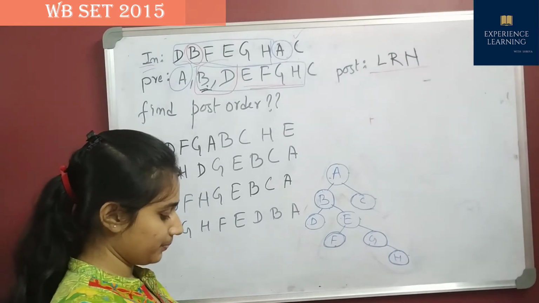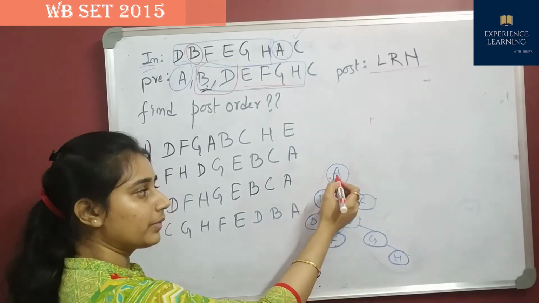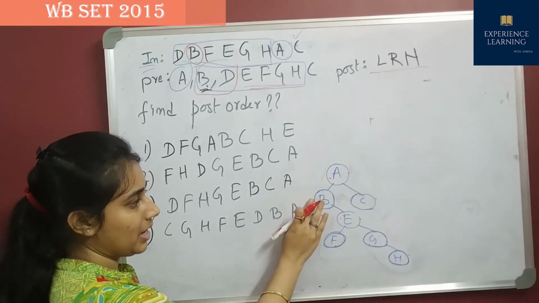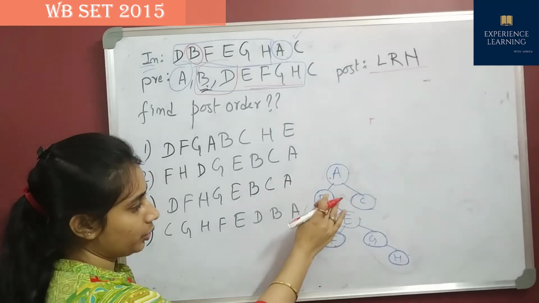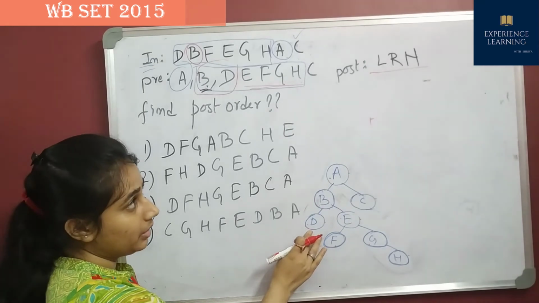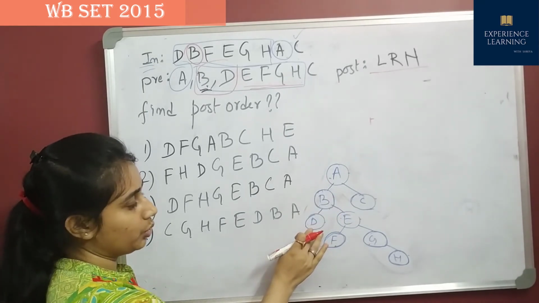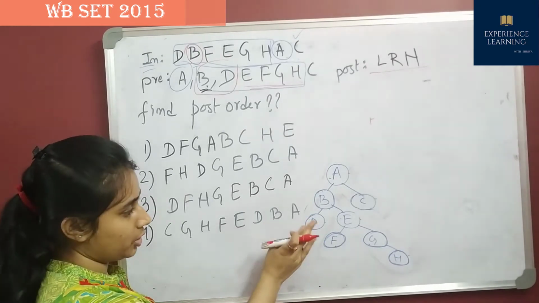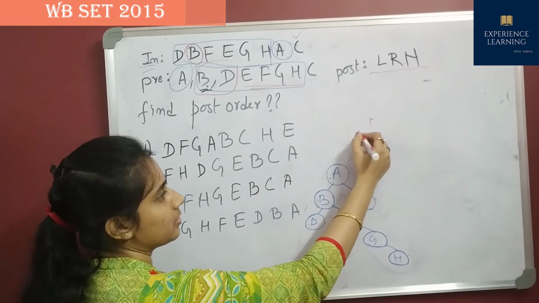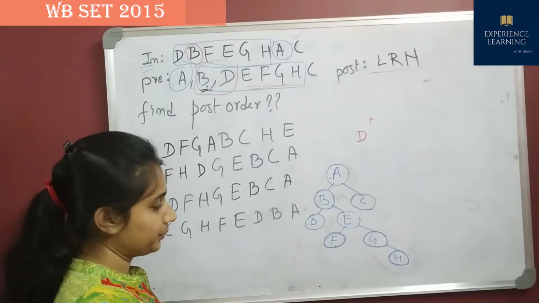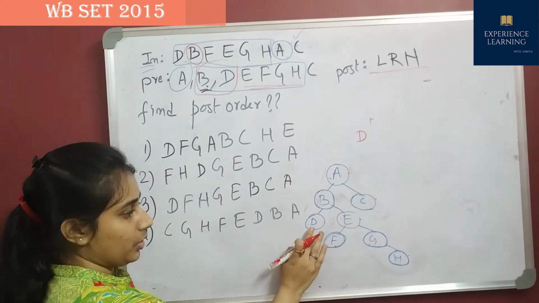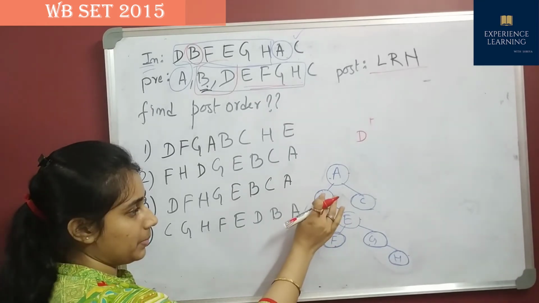So first we start from A, which is a node, then we come next to B, another node, then D. Left first, we come here, and you can see that there is no left subtree of D. So D will be printed.